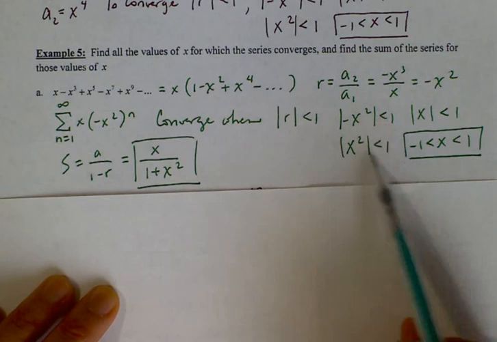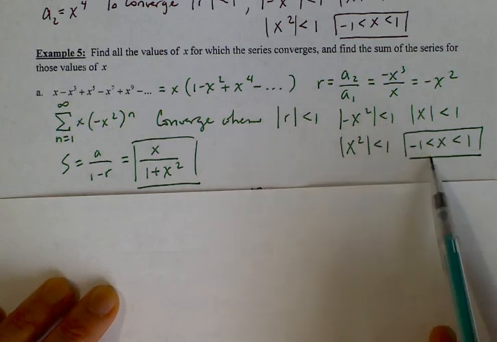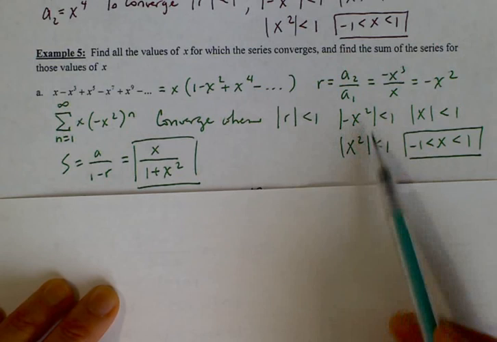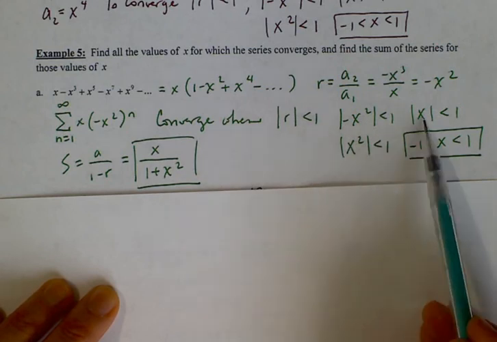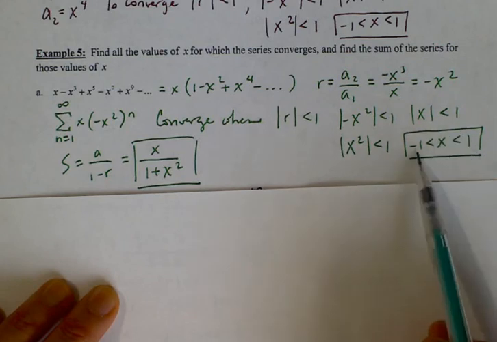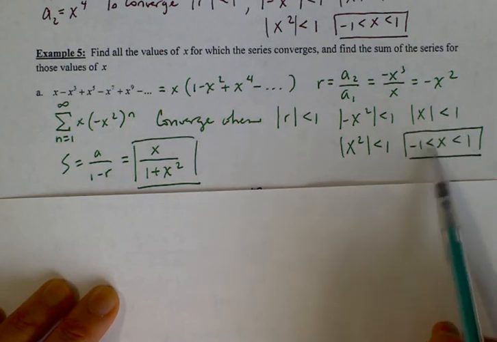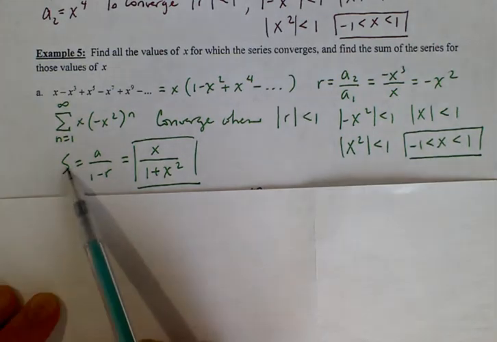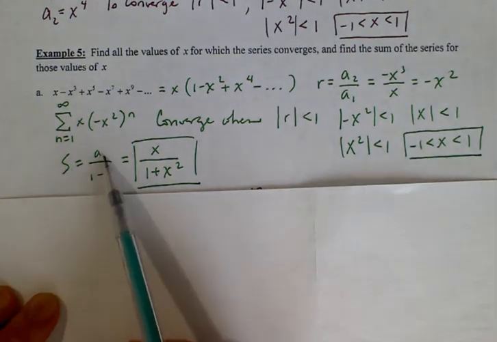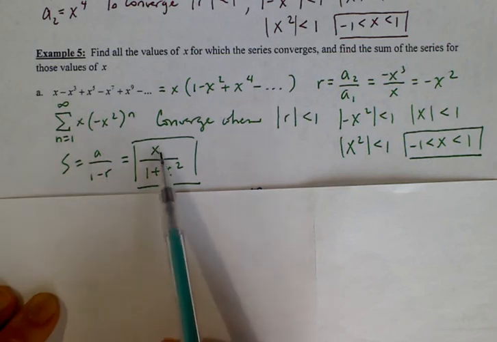And that is converging when the absolute value of the common ratio is less than 1. So then I go through the same procedure, and this calculation is real similar to what I have in example 4. So the absolute value of x squared is less than 1, so the absolute value of x is less than 1, and then you have -1 is less than x is less than 1.